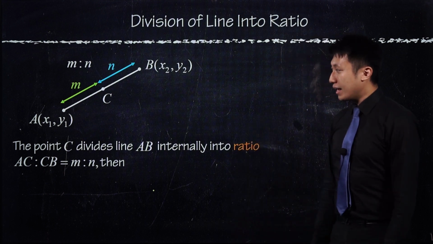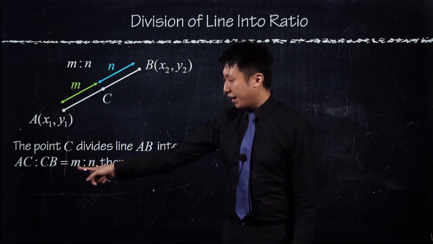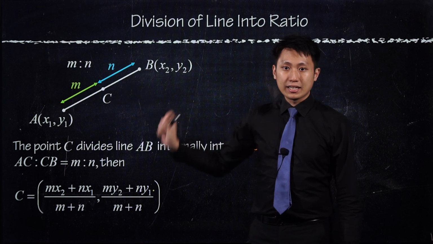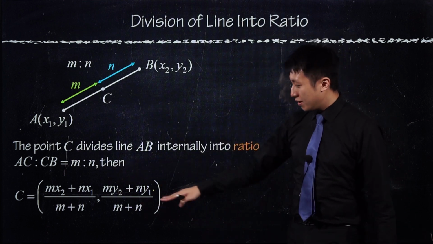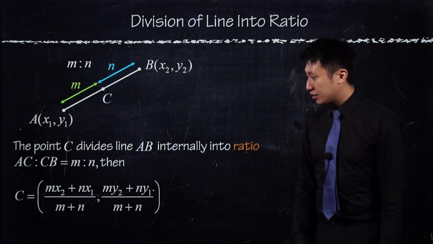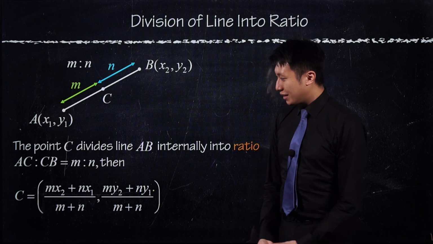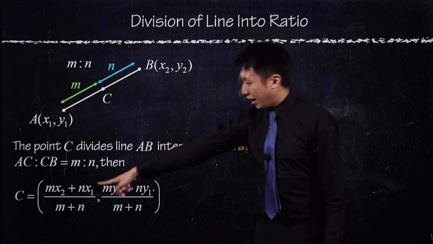If AC to CB, the ratio, is given by M to N, then the coordinate of C is given by this complex formula, like I said. A lot of students are very afraid of this, but nothing is really difficult here. What you're going to see is mx2 and x1.